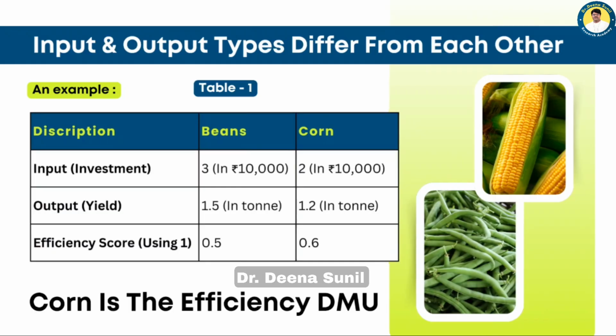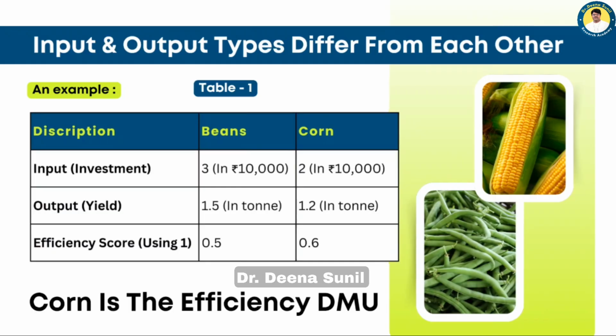You can see here, for input, beans is 3 units, the type is currency, and for corn also the type is currency and the unit is also the same. If you come to the output, for beans it is 1.5 in ton, that is quantity, and 1.2 in ton, this is also quantity.